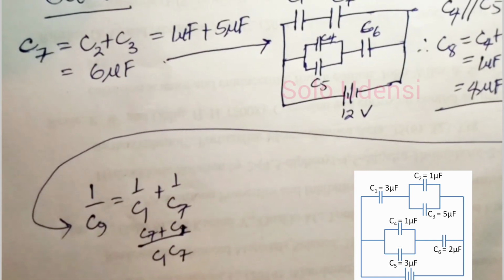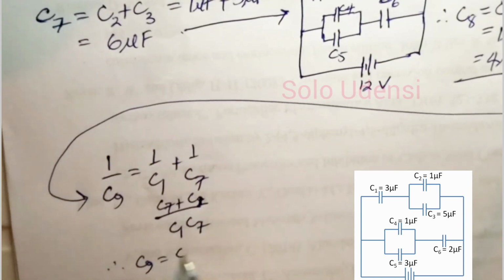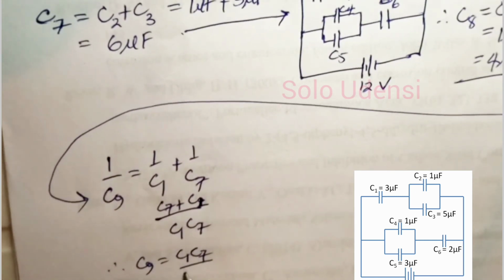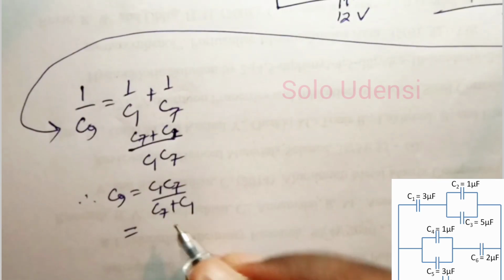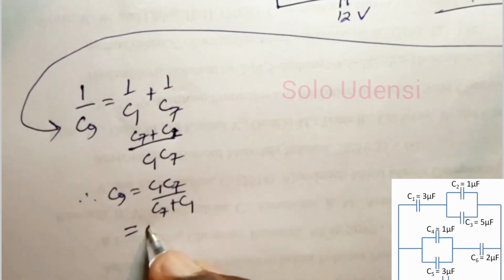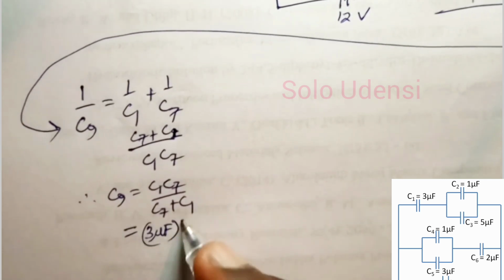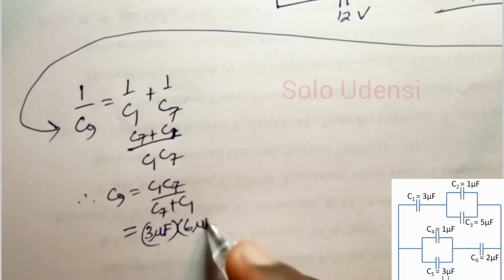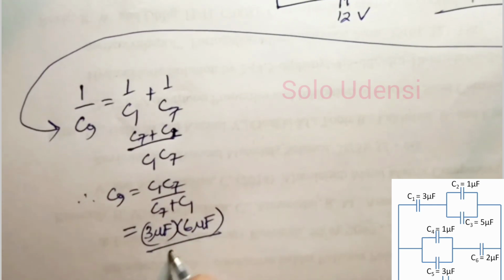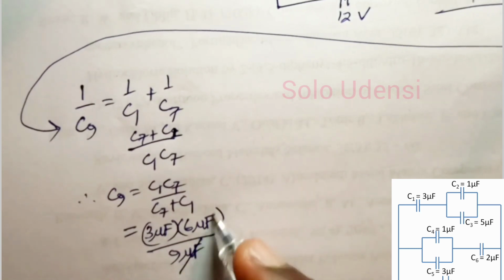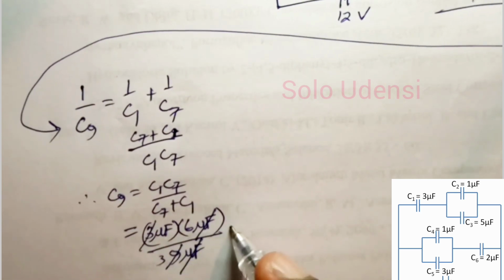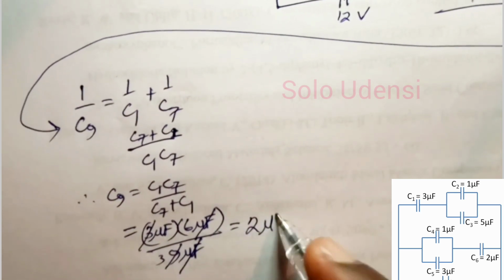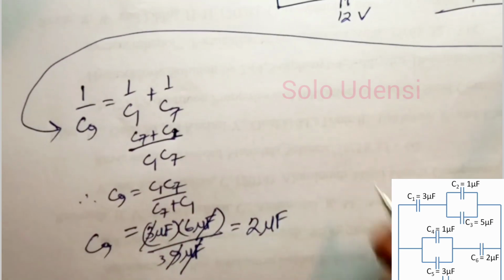Therefore C9 is equal to product over sum, which is 3 microfarad times 6 microfarad all over 3 plus 6, is 9 microfarad. Microfarad will cancel. You have 2 microfarad. Therefore C9 is 2 microfarad.